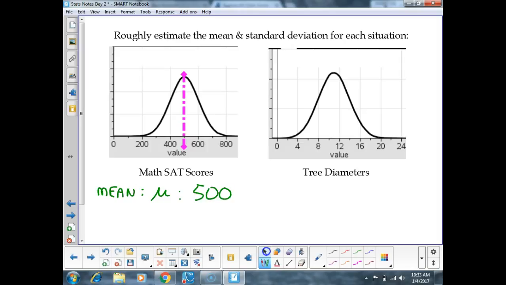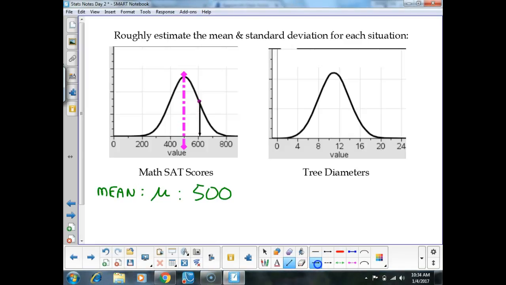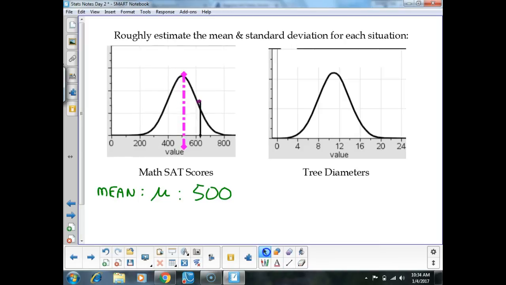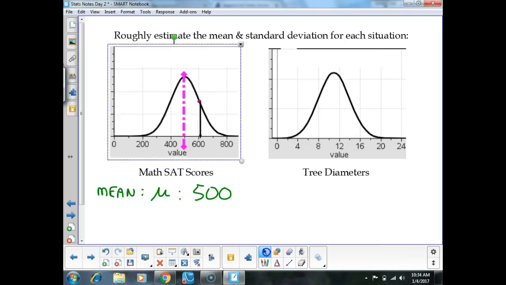Okay, now we try and find the standard deviation. Well, the halfway point is probably right about there. I go a little bit above the halfway point. So that's there. And now I drop a line down from that. Whoa, whoa. I don't want that one.